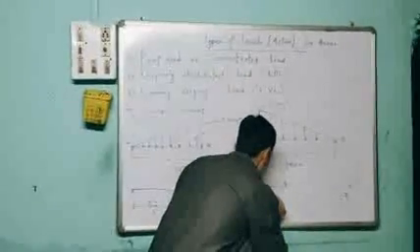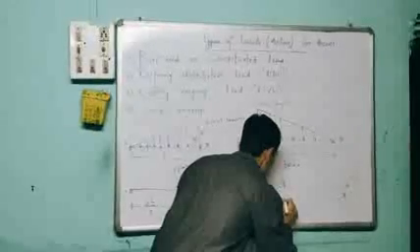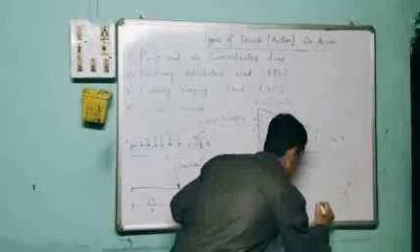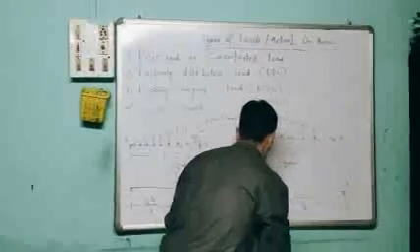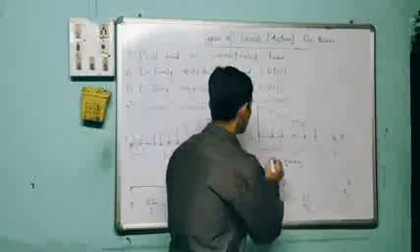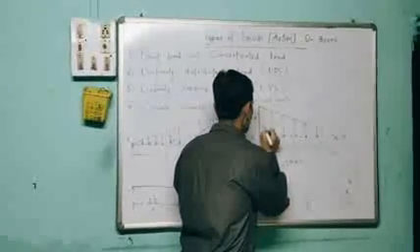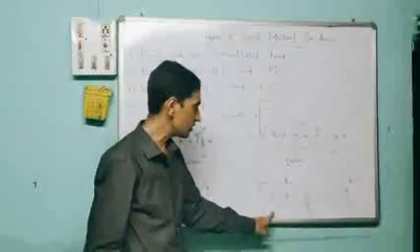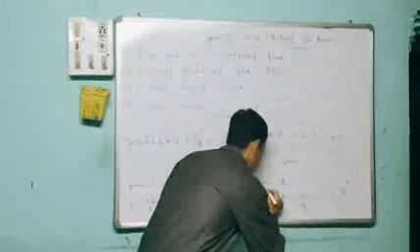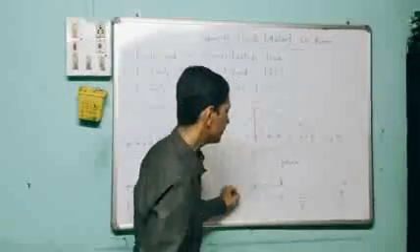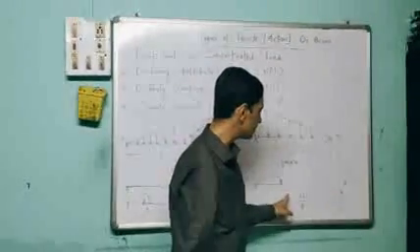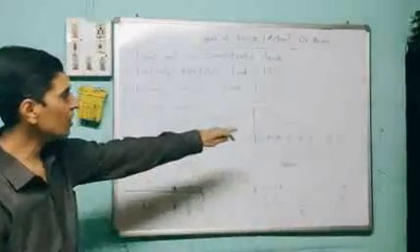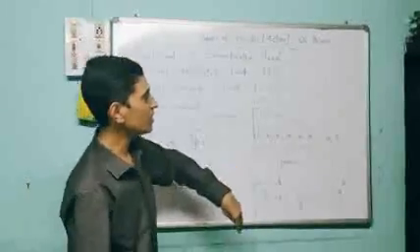It is acting at a distance of 1/3 of base from the 90-degree angle. The remaining distance from the other end is 2/3 of base. So wherever the angle of a triangle is 90 degrees, from there the point load is located at 1/3 of base. Here base is L, 1/3 of base is L by 3. The remaining distance of this point load from the other end is 2/3 of base, or 2L by 3. In this way we can convert triangular load into its single point load.